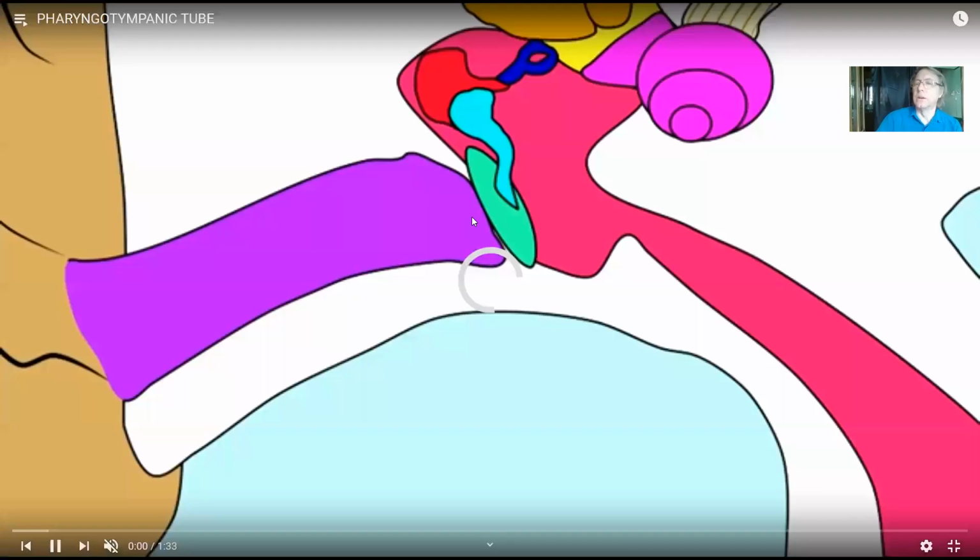If you recall from your studies of the ear, that we have an eardrum which has air on either side. There's obviously air in the outside world, but there is also then air in the middle ear. And we need this air to be at the same pressure.